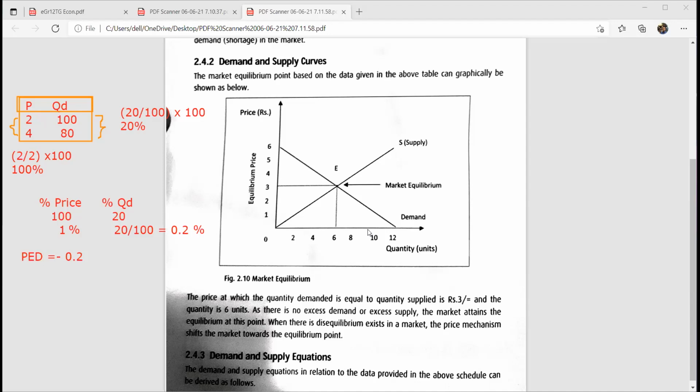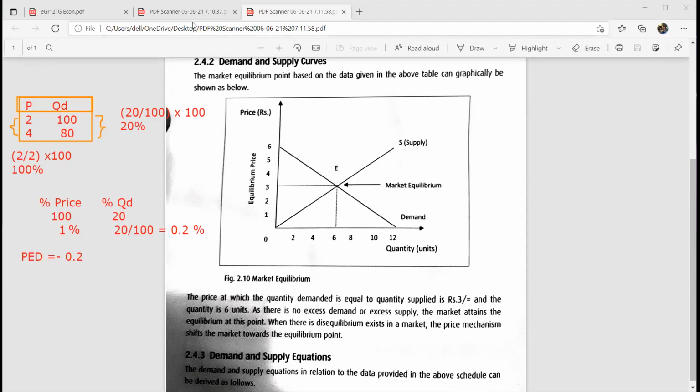Thereafter, price elasticity of demand can be measured like this. You are given such a percentage. Actually, how do we calculate this? By using such a percentage value.